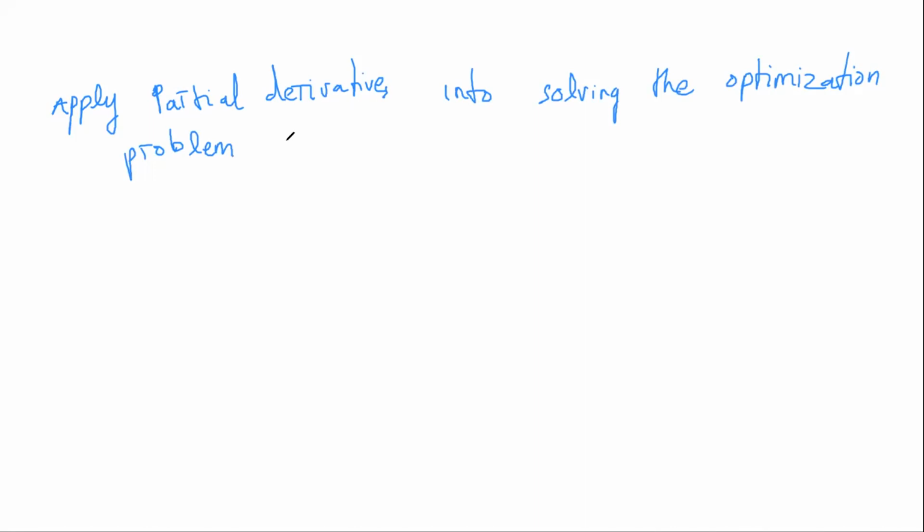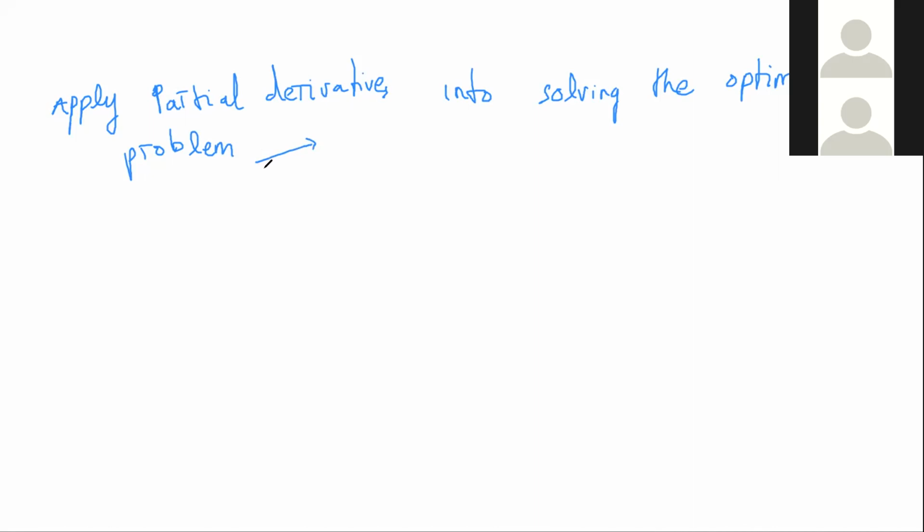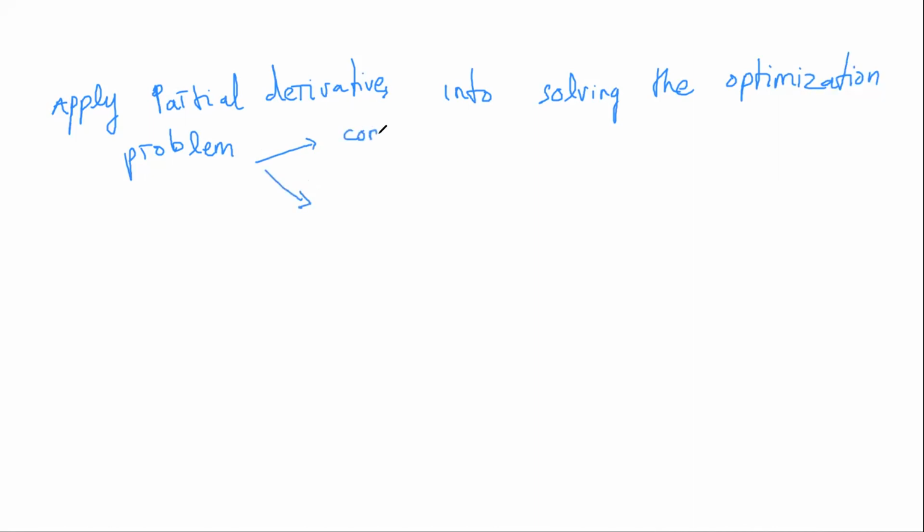So apply the partial derivatives into solving the optimization problems. And for this problem, you have two main types: constrained optimization, right?